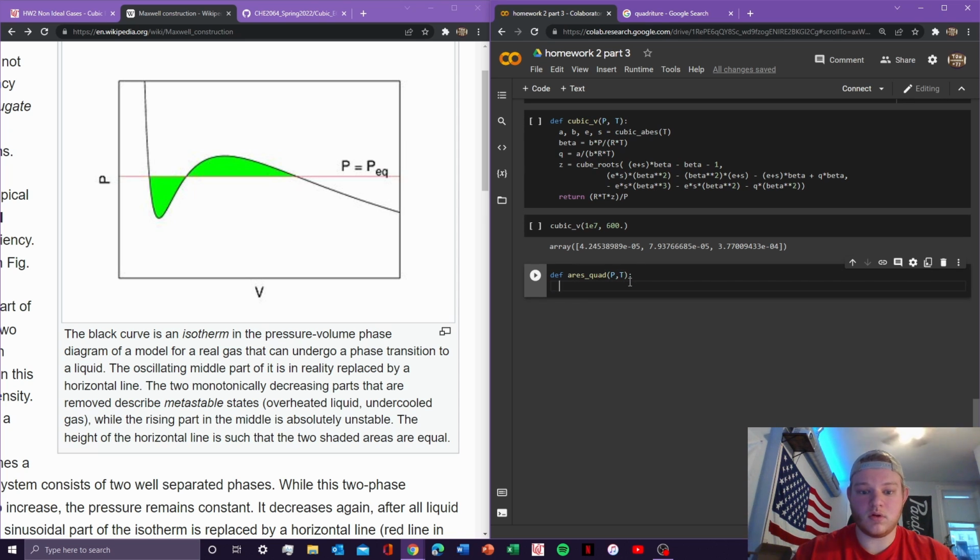So now let's define the integrand. What are we taking the integral of? So the integrand is v, right? Because we solve for v up here. So the integrand is v.